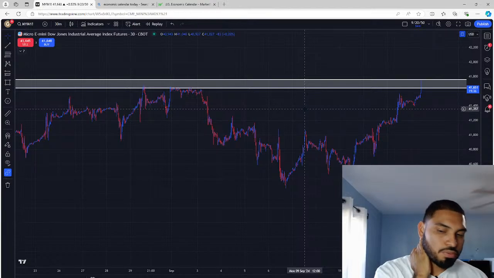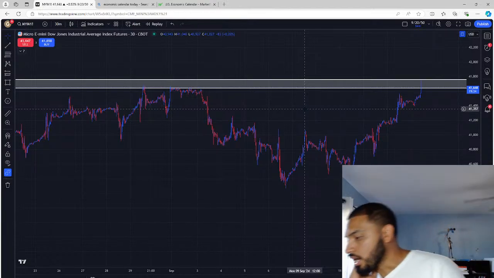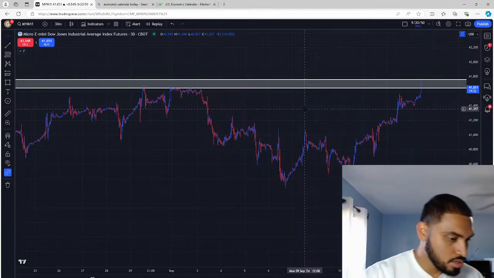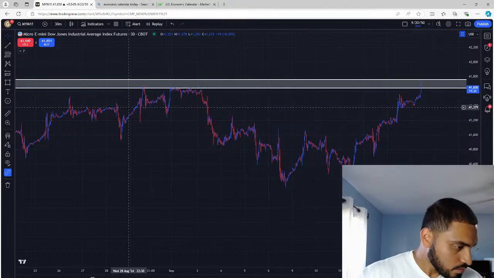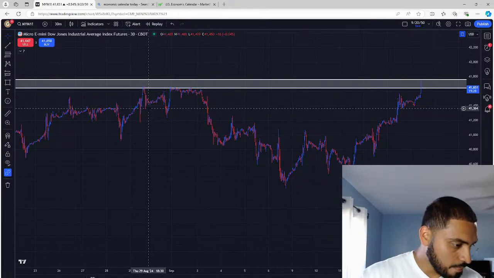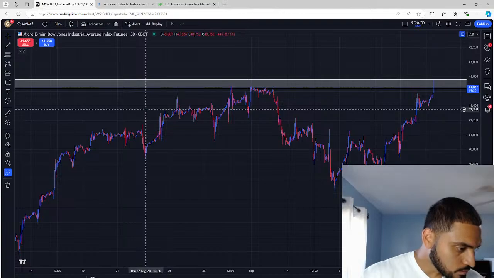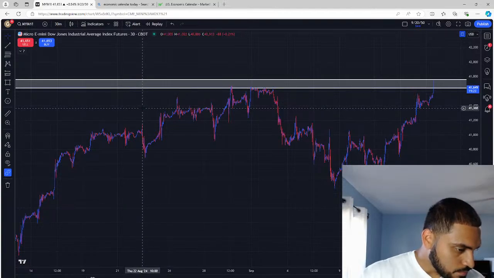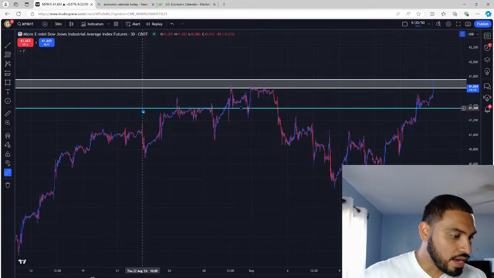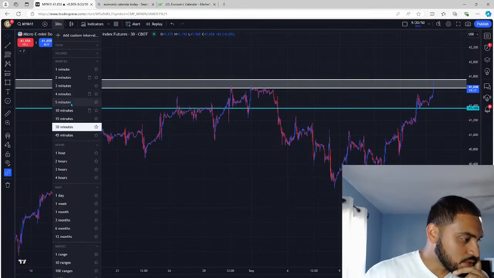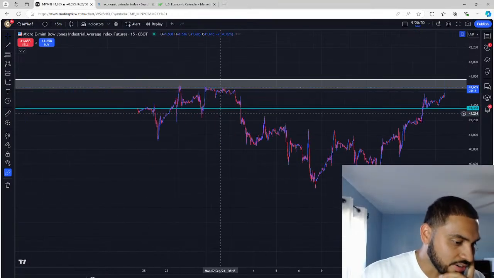Now I have to look for a support so I can establish a range while I'm trading. Maybe here, maybe right here. I'm going to put a line through that. Maybe right here. Let me zoom in on the 15-minute, see if I can get more clarity on this.